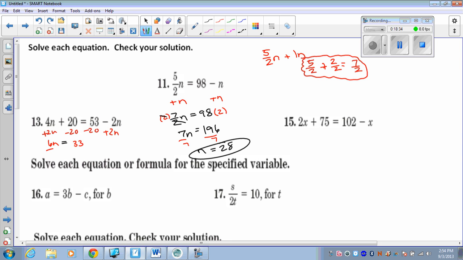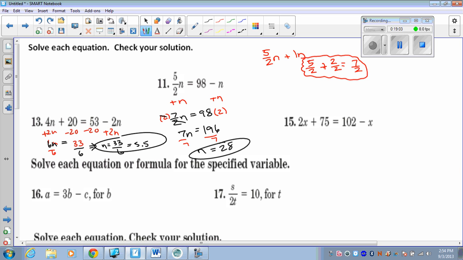Divide by 6 on both sides. And you end up with n equals 33 over 6. If you wanted to change it to a decimal, you're looking at 5.5. Right? So either one. 33 over 6 is fine, though. You can leave it like that.